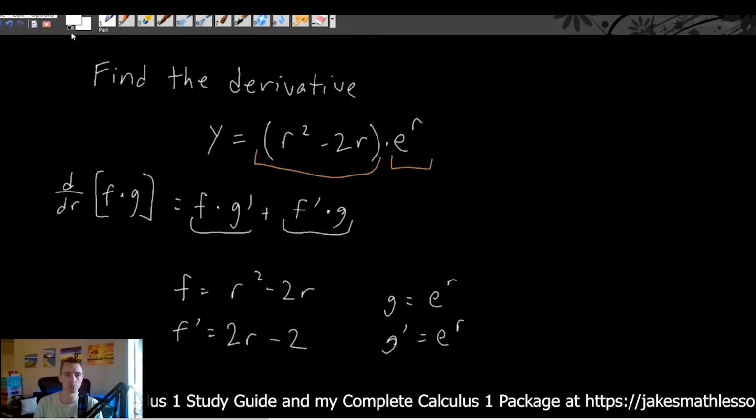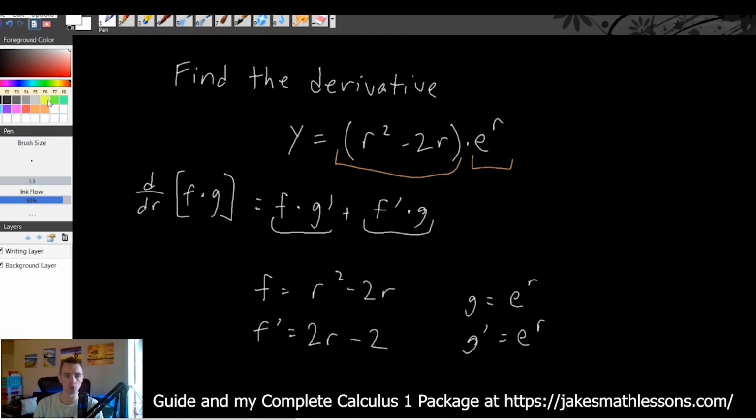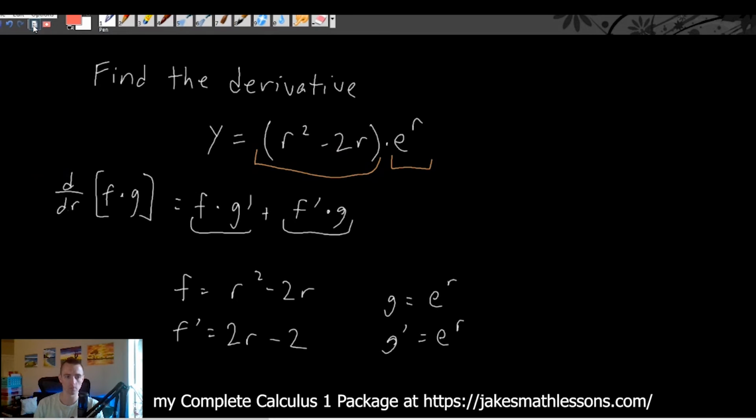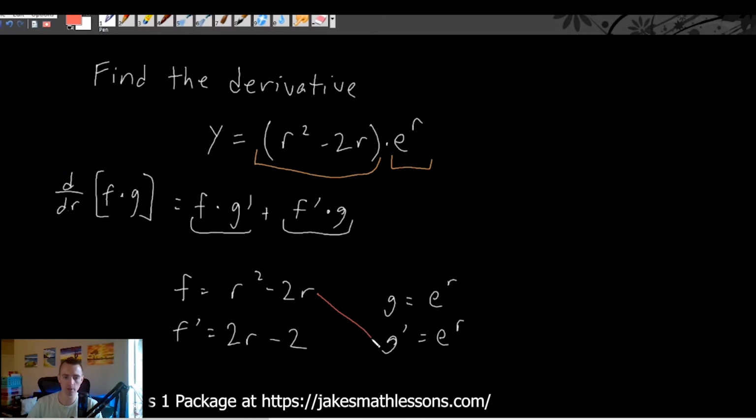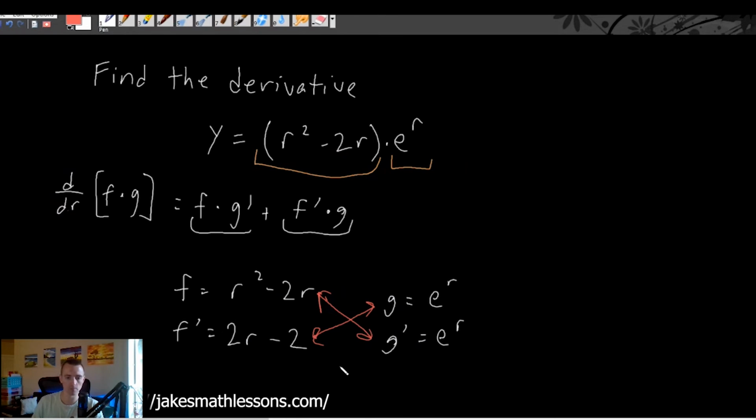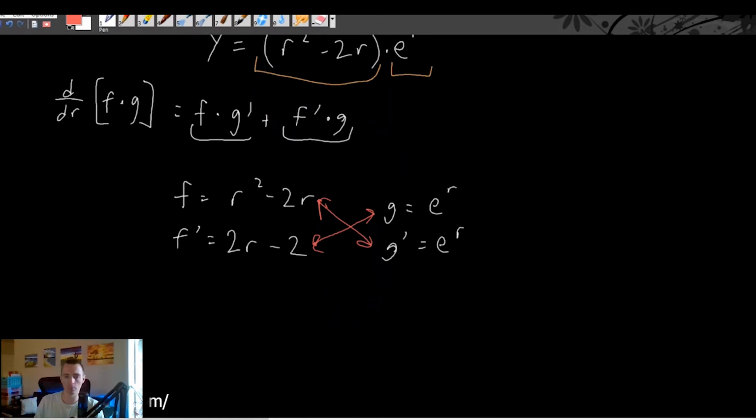Okay. So now once you have found these four things, or decided your f and your g, and then found your f prime and your g prime, applying product rule is super easy. All you have to do, once you have f, g, f prime, g prime, is multiply across. So you're going to do like a crisscross multiplication here, and then add up those two products.